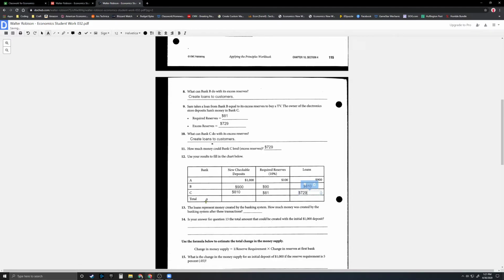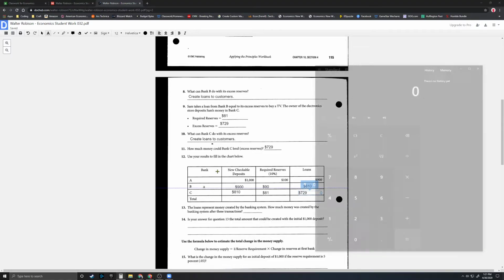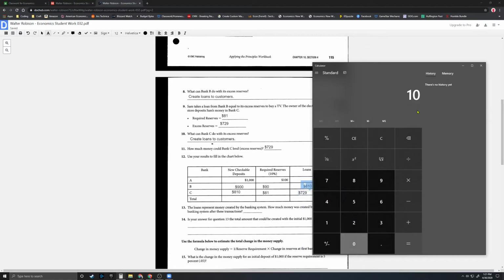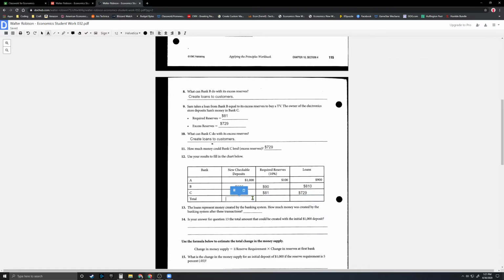All right. Now it wants the totals, so you just add these things up, okay? Just like you normally would. So you're going to take $1,000, $900, and $810, and you get $2,710. Do the same thing over here.